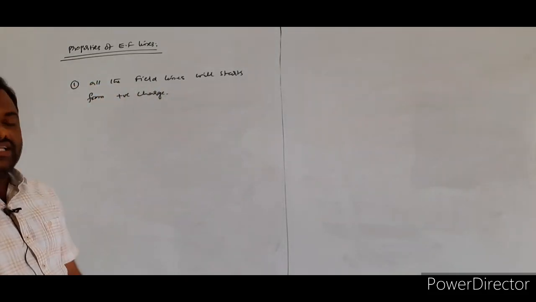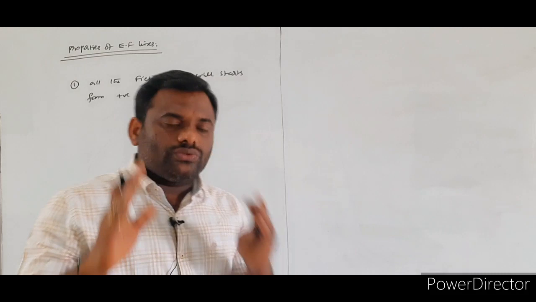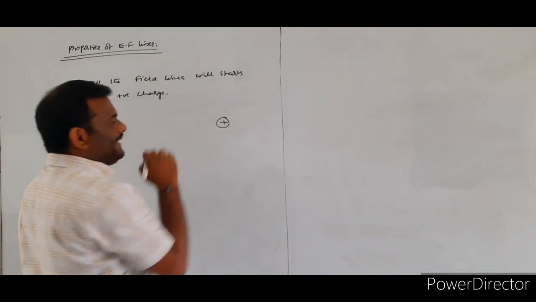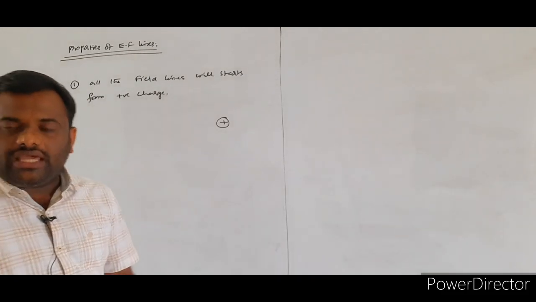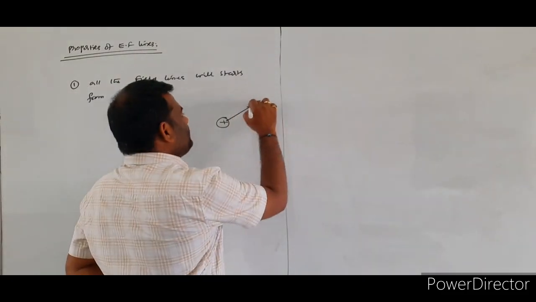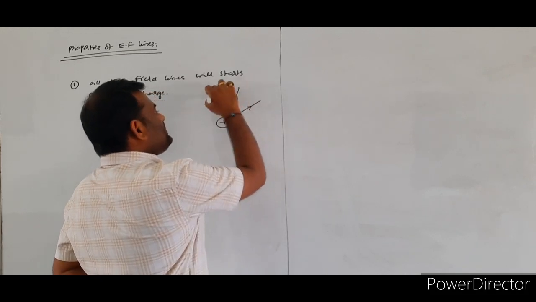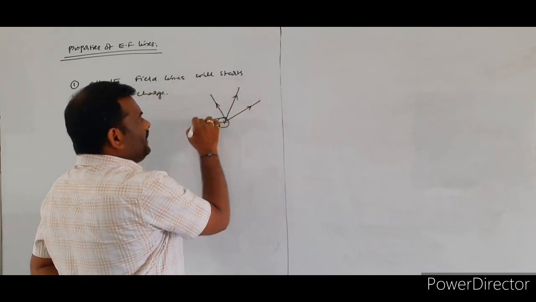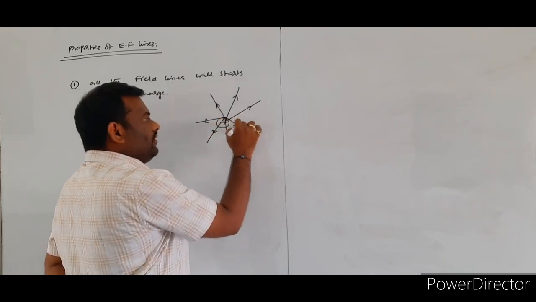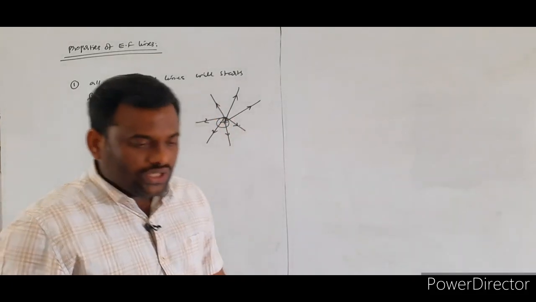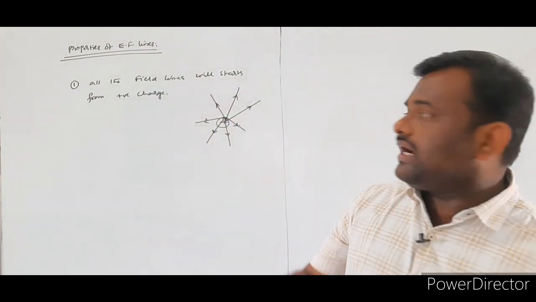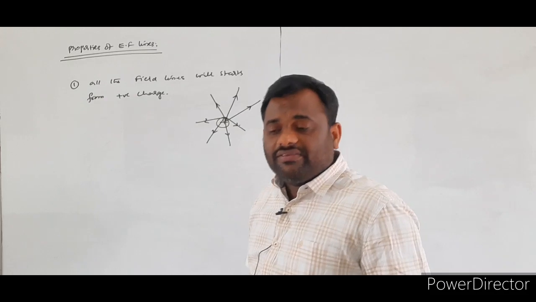All the field lines are starting from which charge? Positive charge. If you consider any one of the positively charged particles, from these positively charged particles, the field lines are starting radially outwards. That is the first point. What is the first point? All the field lines are starting from the positive charges.